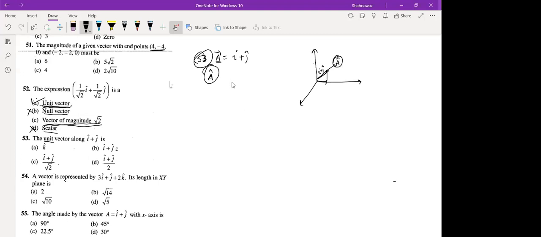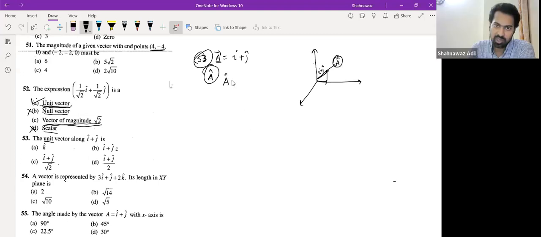Yes, sir. So how can we calculate this unit vector? We know already that A vector is A magnitude times A unit vector. So A unit vector would be A vector divided by A magnitude.